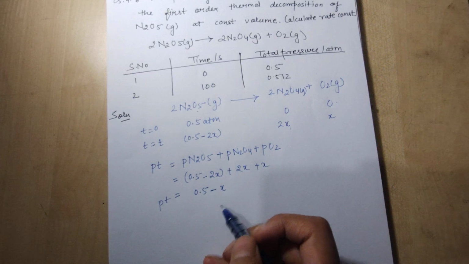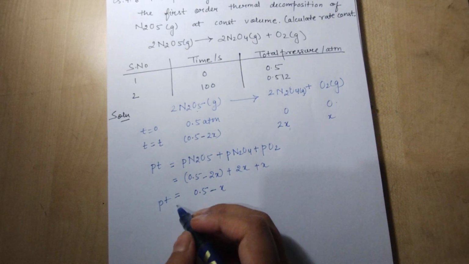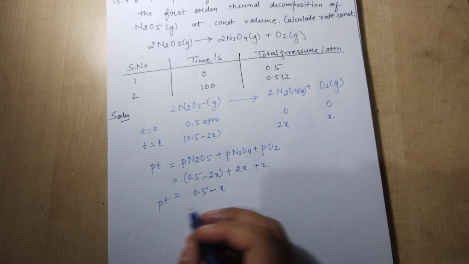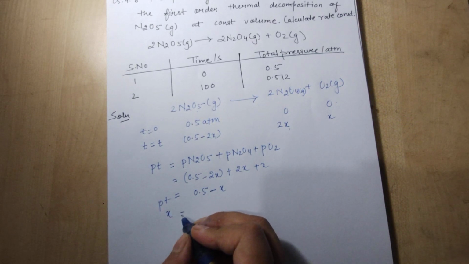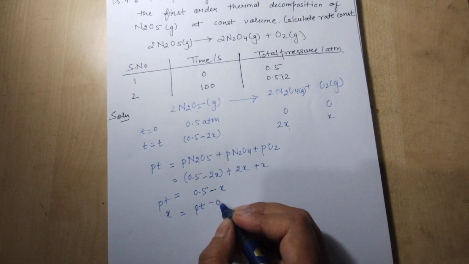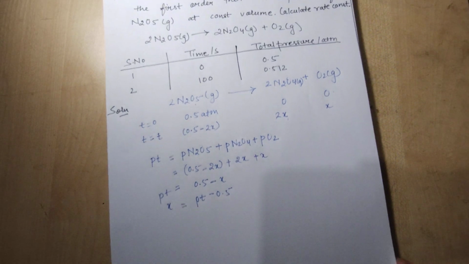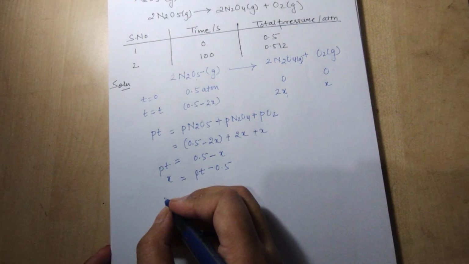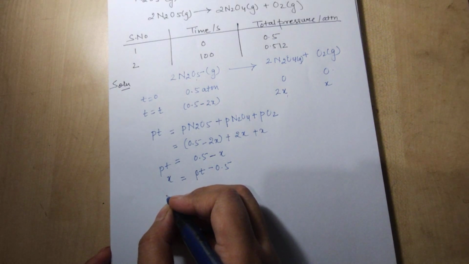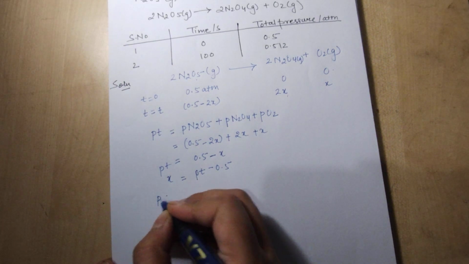As we have to calculate in terms of PT, that is the total pressure, we can write it like this: x equals Pt minus 0.5. Now, what is the pressure of N2O5?